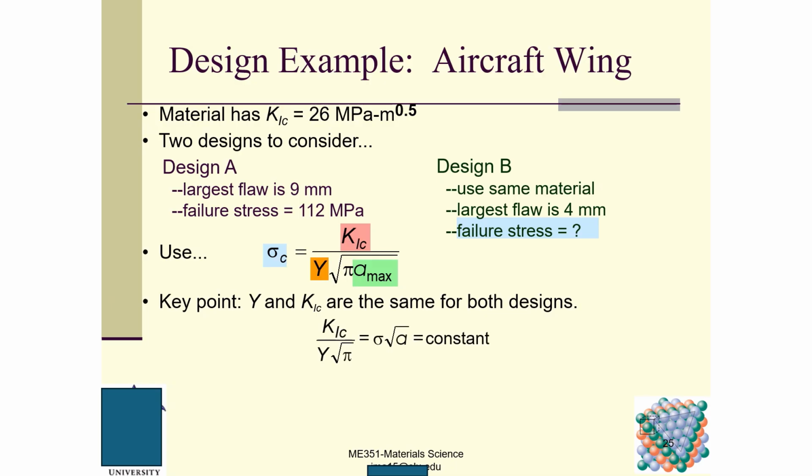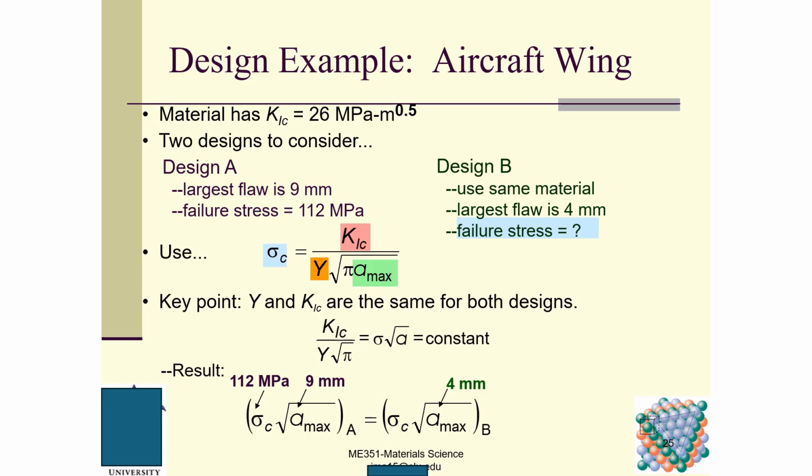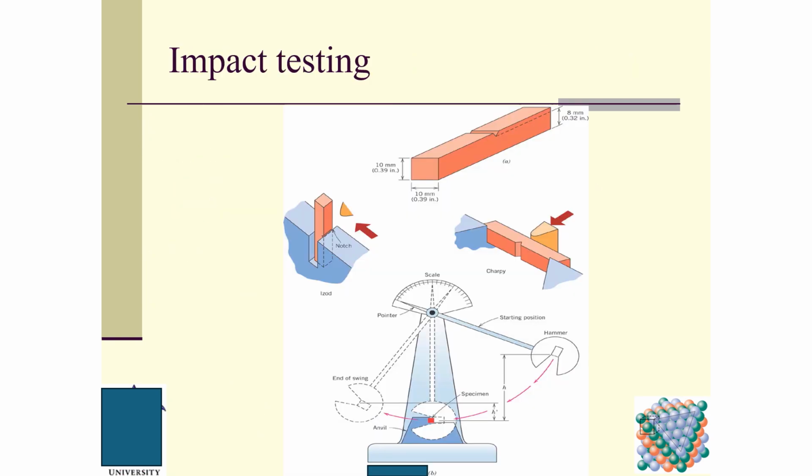Key point: Y and KIC are the same for both designs because they are material parameters. Y is the geometry correction factor. Results: using this equation, you can get sigma C for the Design B case.